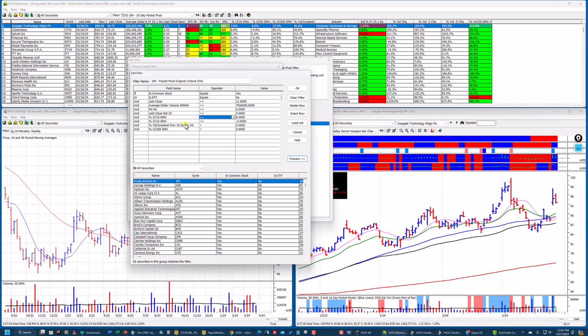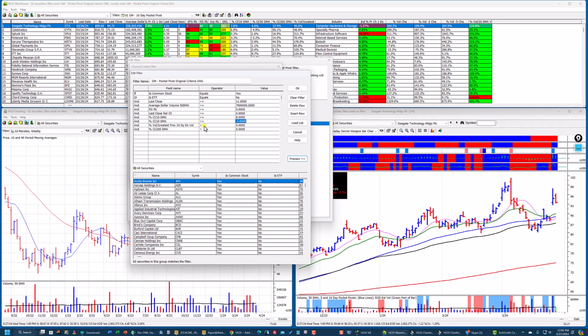And here is the formula really for the original pocket pivots. So the close has to be within 10% of the 10-day moving average. Less than or equal to 8% and greater than or equal to minus 2% below the 10 days. So what you're looking for are stocks that are within that range.